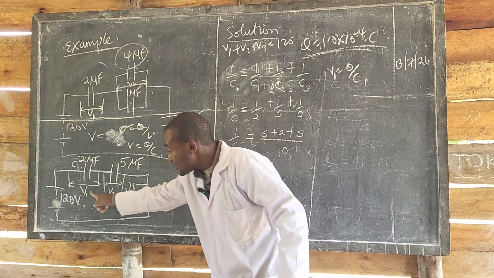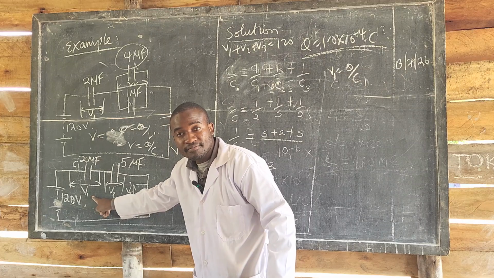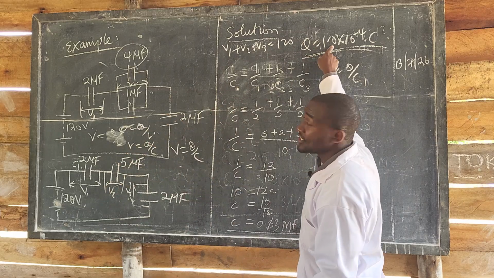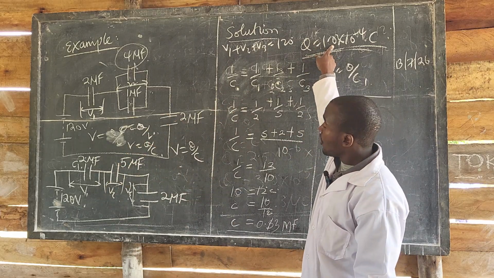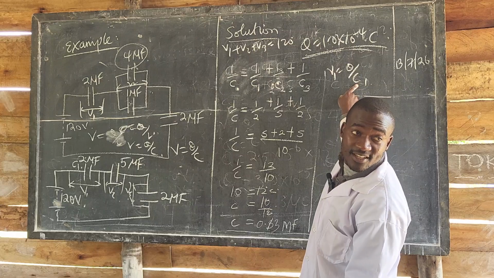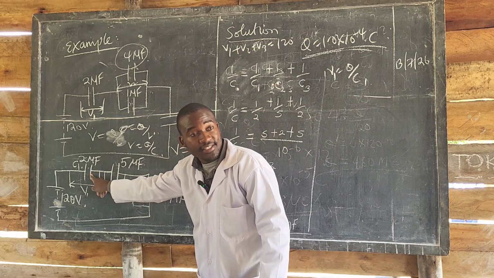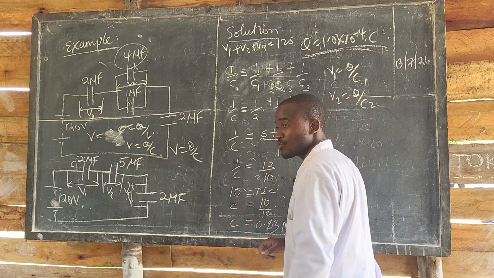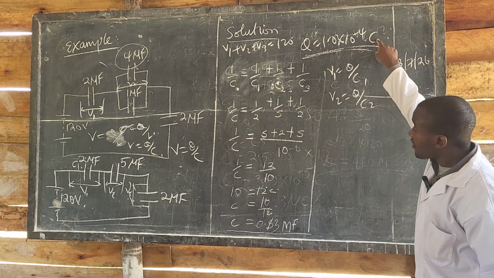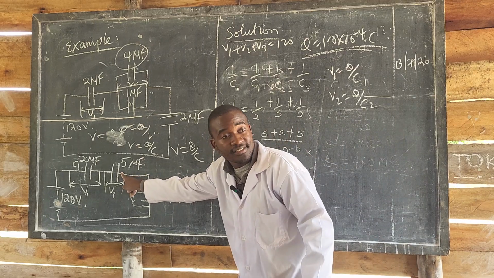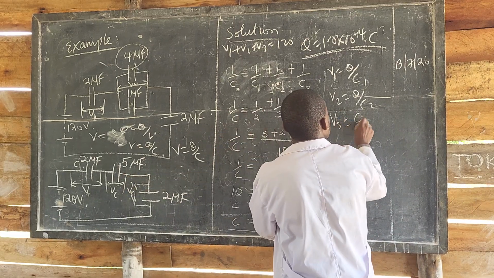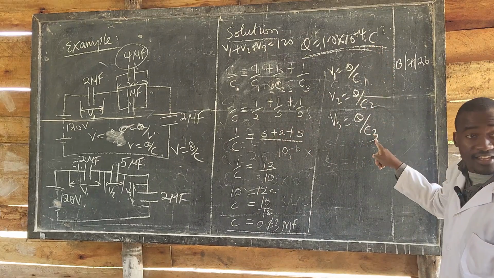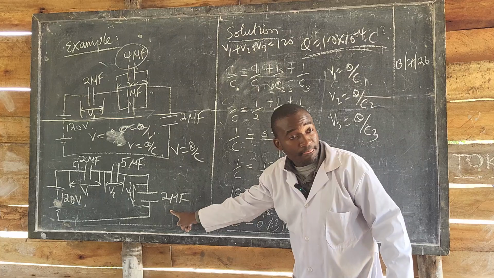This V1 that we don't know is going to be that charge, which is 1.0 exponent negative 4, divided by C1, which is this, right? Then V2 is going to be Q over C2, this charge over C2, which is this, right? Then V3 is going to be Q over C3, which is this, right?